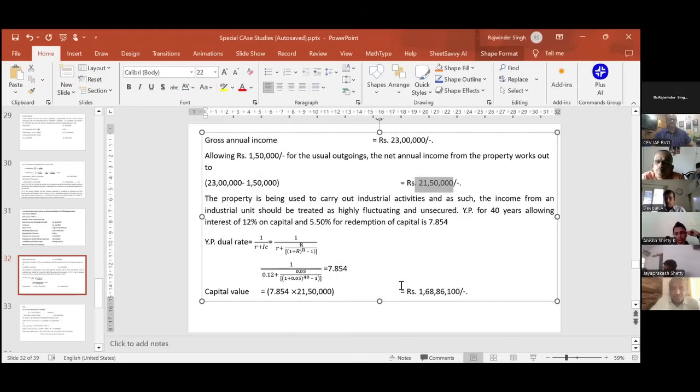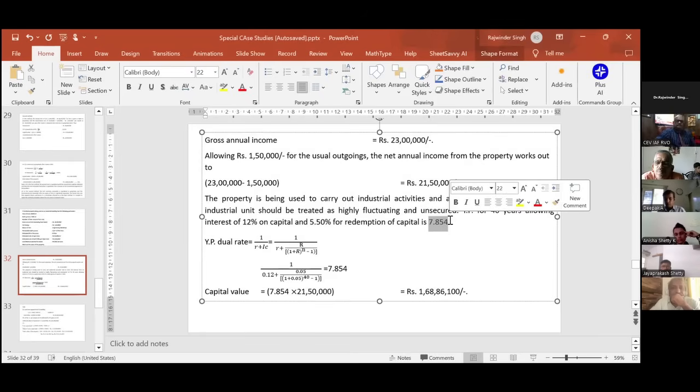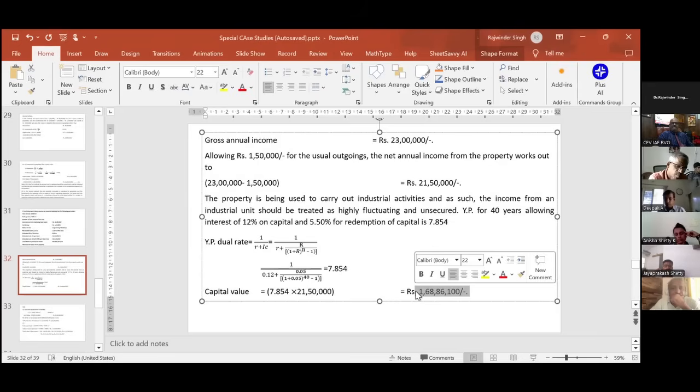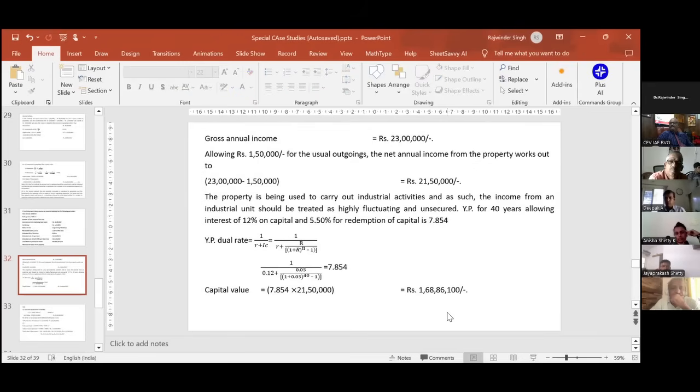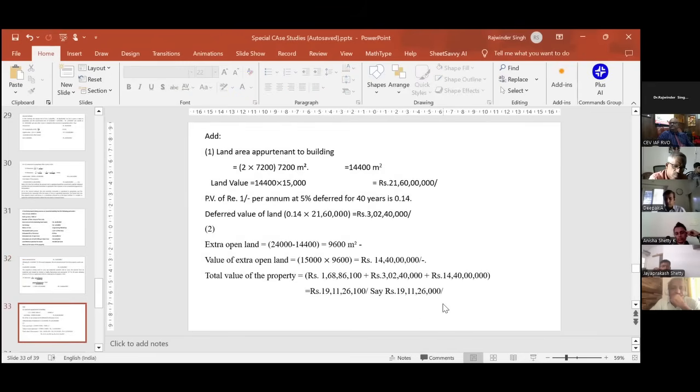So net rent is 21,50,000. You calculate its present value for 40 years, allowing an interest of 12% on capital and 5% on redemption of capital. It becomes YP dual rate 7.854. So the capitalized value of the constructed portion is 1,68,86,100.